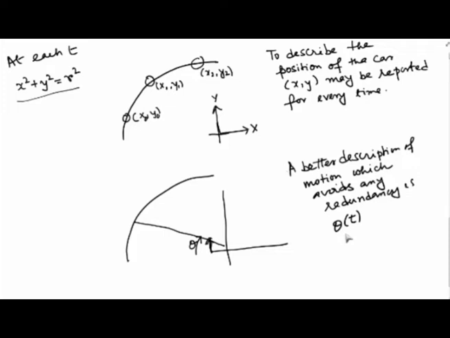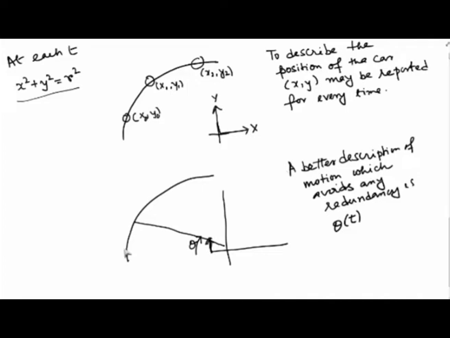But please note, this is not going to be rectilinear motion. If you think that since it is describable by one variable, it is therefore a rectilinear motion, no, it is not rectilinear motion. The reason being that for rectilinear motion, the velocity and acceleration are all along the same direction.